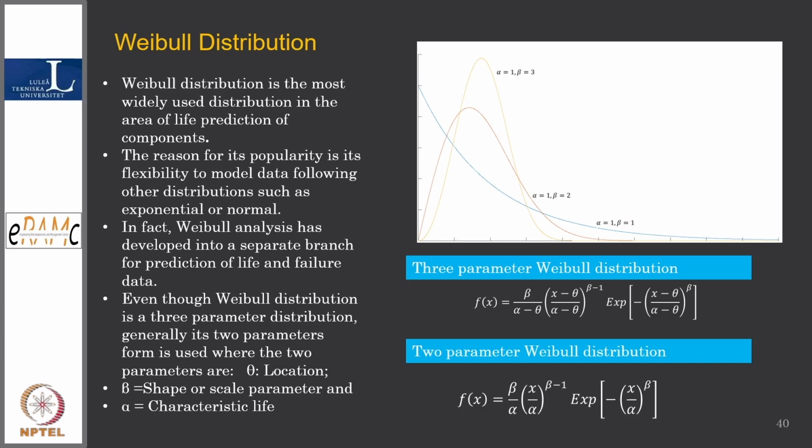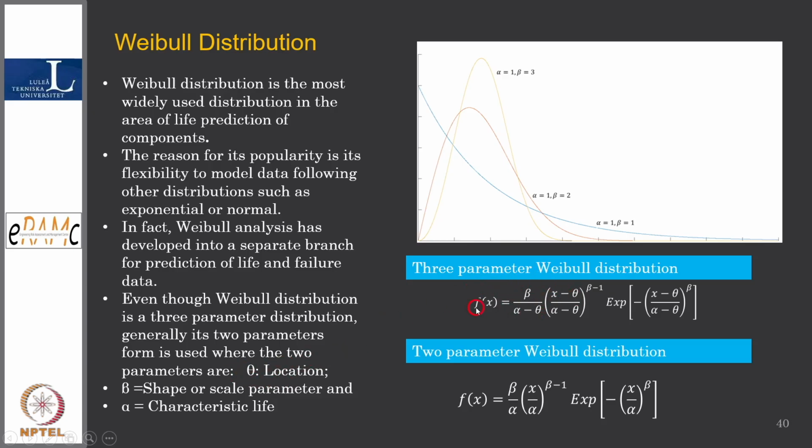So this distribution basically is a three parameter distribution. You can see alpha, theta and beta. Alpha is called characteristic life, beta is called shape or slope parameter, and theta is called the point of starting. Okay. So that is the location parameter.